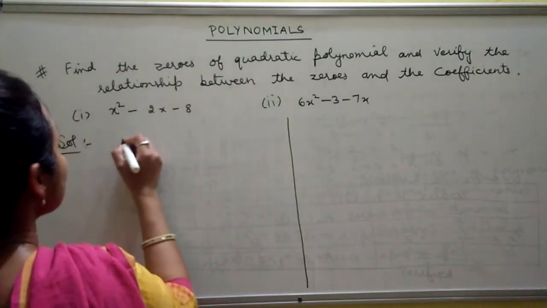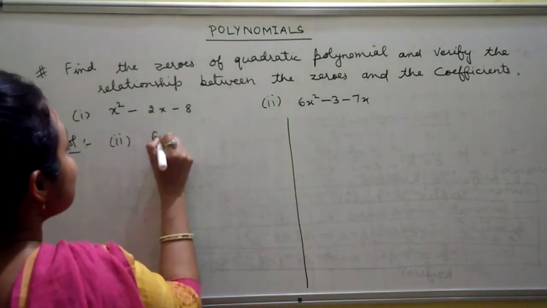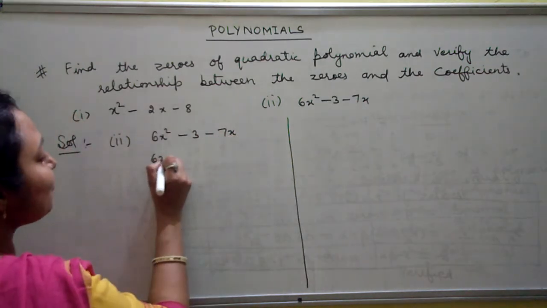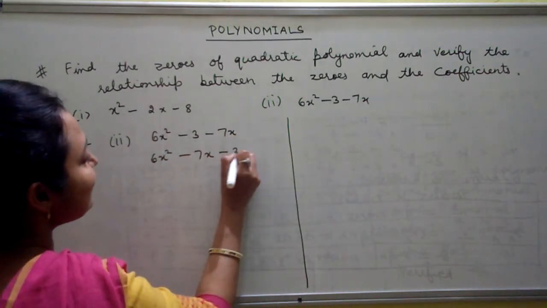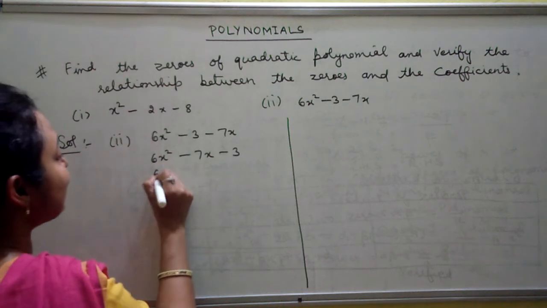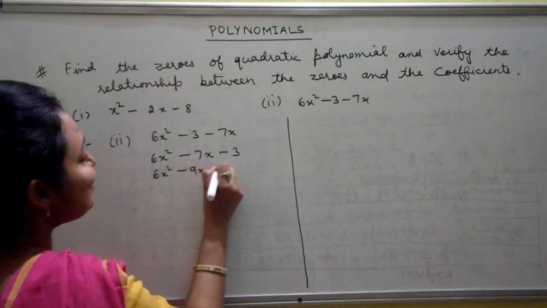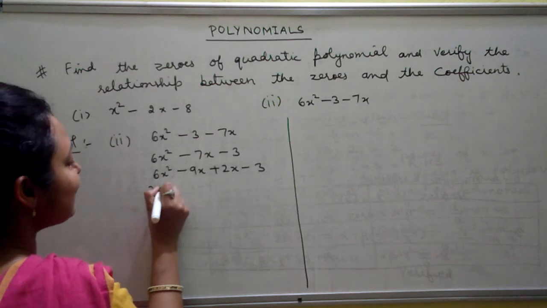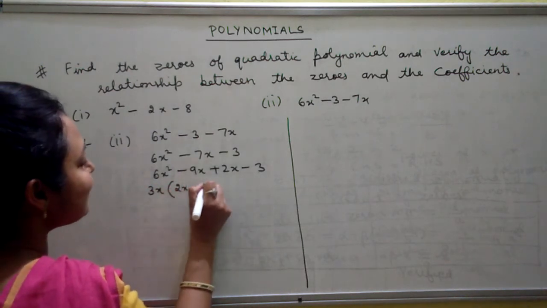For example, we have 6x square minus 3 minus 7x. We have to arrange it first as 6x square minus 7x minus 3. Now factorize 18: 9x plus 2x minus 3. Take common factors. This is 3x, 2x minus 3.